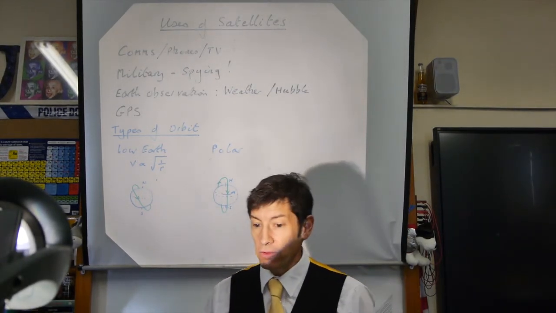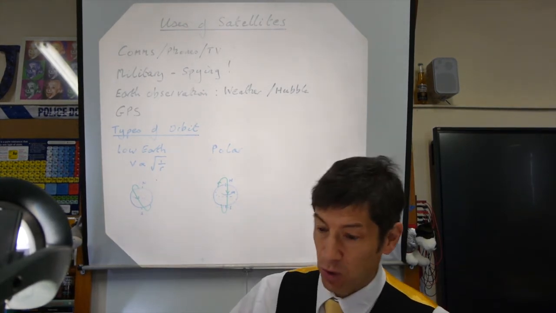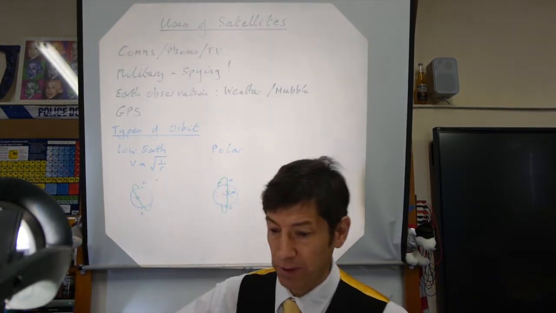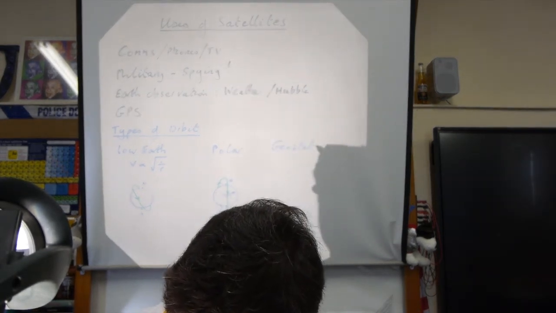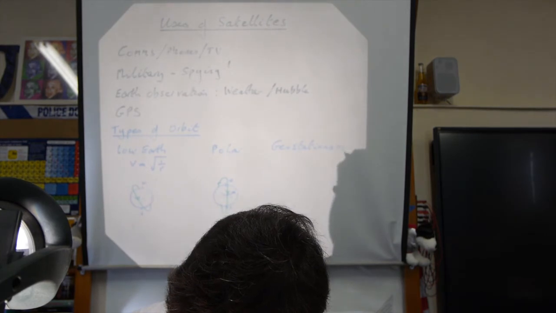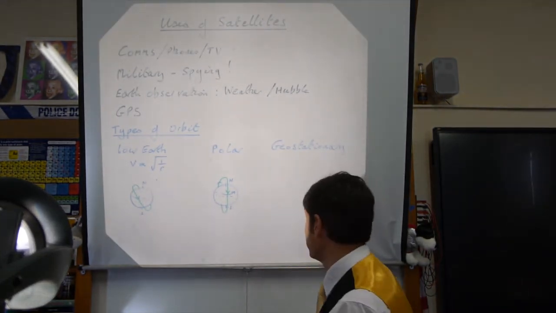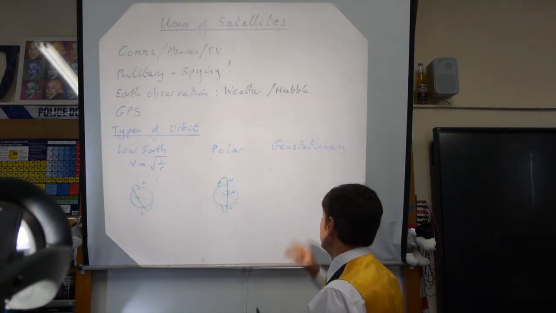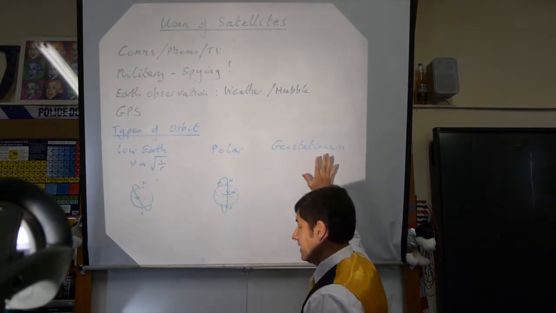So there's one more orbit I'd like to add to the list, and this one is a very special orbit. It's called the geostationary orbit. And this one is very, very clever. Again, there's history to everything.